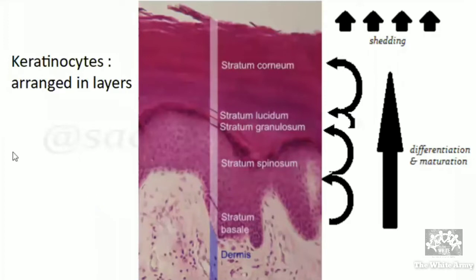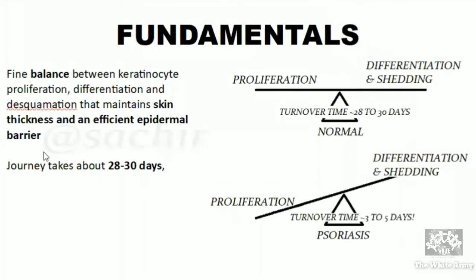Why I'm telling this is because in psoriasis this balance is lost. Whatever cells are growing from below should be shed from above, and for the stratum corneum to mature, it takes time.